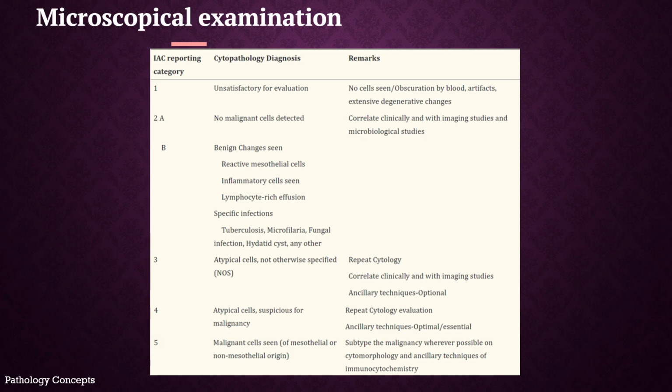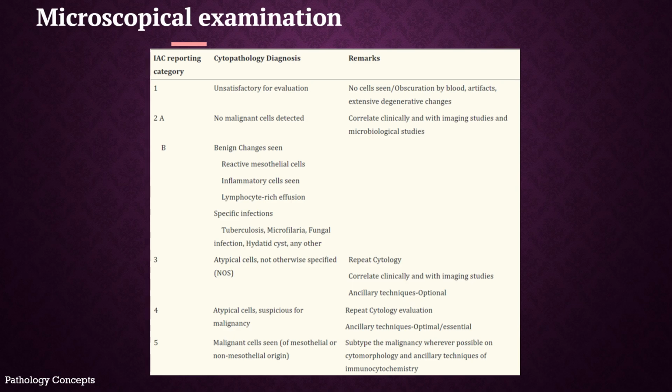The first category is unsatisfactory for evaluation, where no cells are seen, there is obscuration by blood artifacts, and extensive degenerative changes are seen on cytology. The second category is where no malignant cells are detected and benign changes are seen.